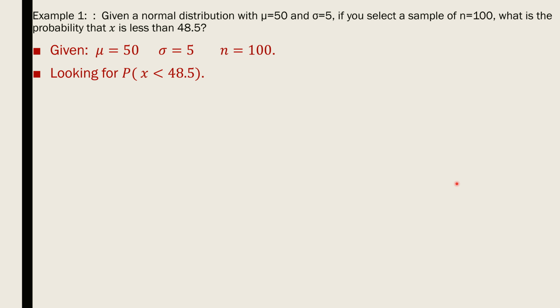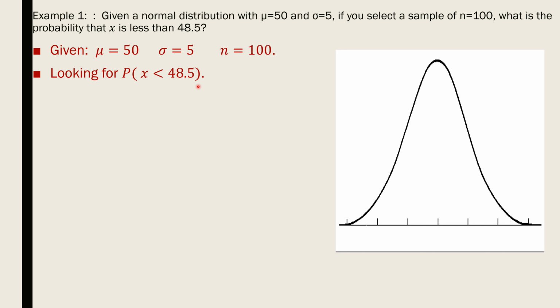And the question expressed in math language is the probability of x less than 48.5. Again, we draw a normal curve on scratch paper. And how likely is it to get a value less than 48.5?